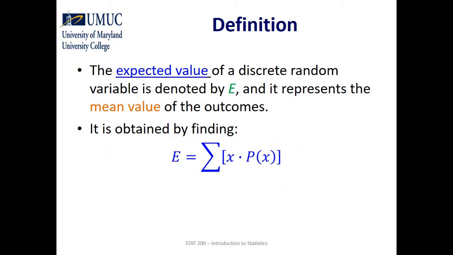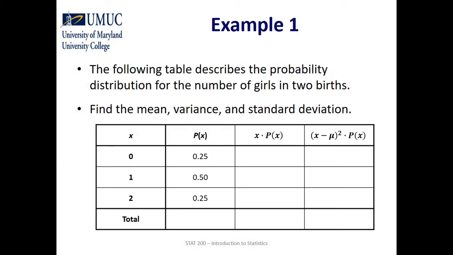Okay, let's look at an example of how we would apply this, why we would apply it, what's going on here. So we're looking at 2 births, and we want to count the number of girls that occur in 2 different births. My sister had 2 kids.